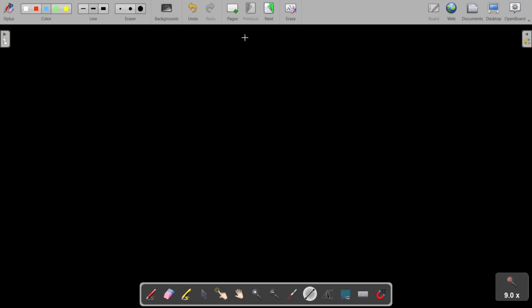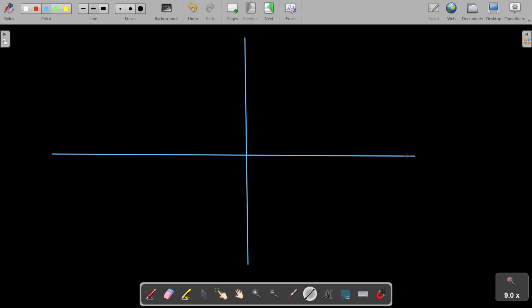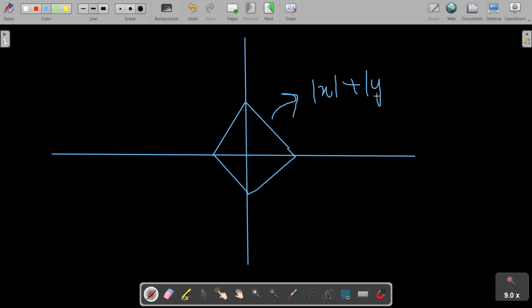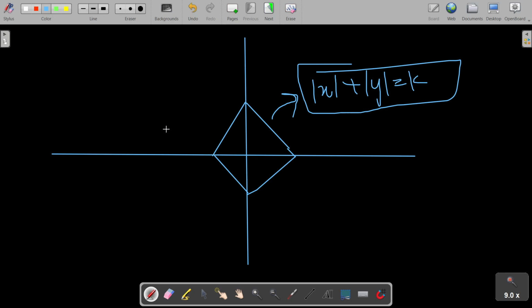So let's say I have this equation right here. This is a general equation like this: this plus this is equal to k, where k is a constant. This is a general equation for this square. Sorry for this terrible diagram. This is a square.